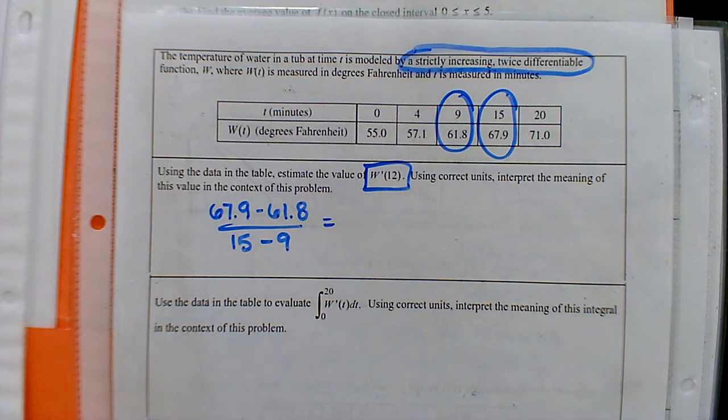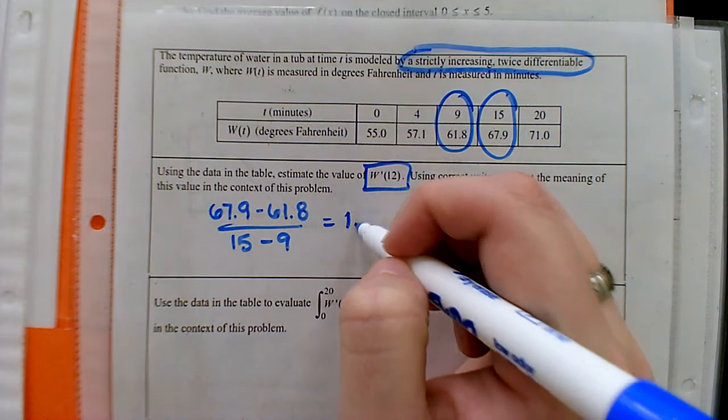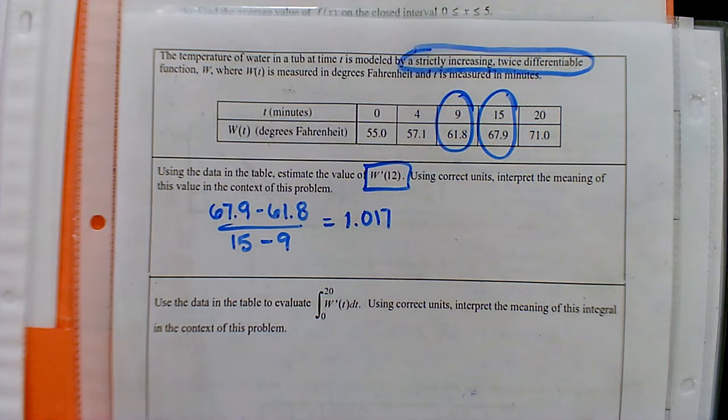All right, so using your calculator, can we get 1.017?